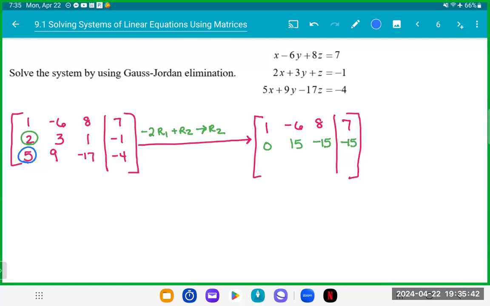Okay. For the bottom row, or row 3, we'll do -5 times row 1 added to row 3, replace row 3.